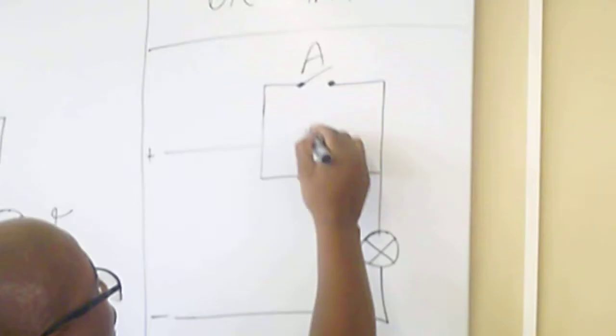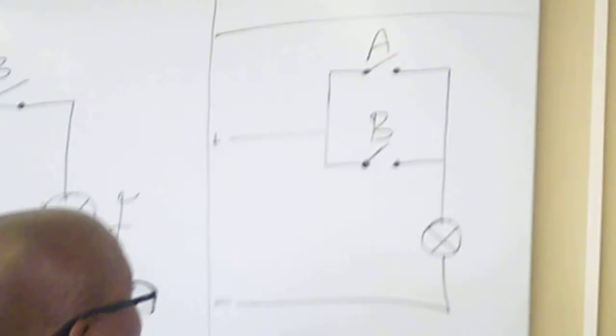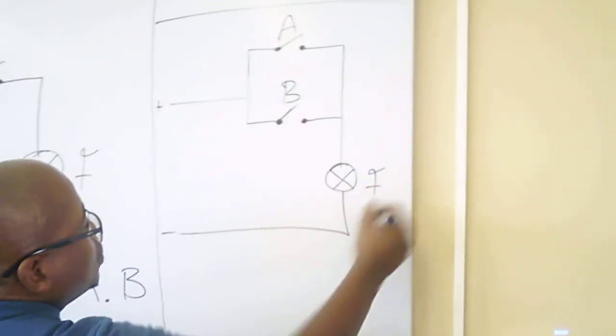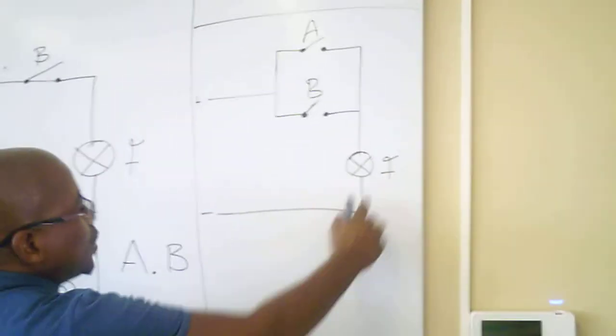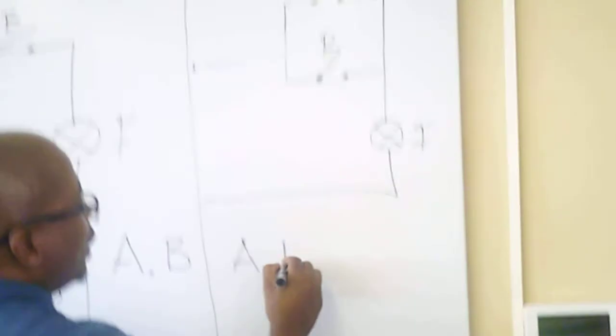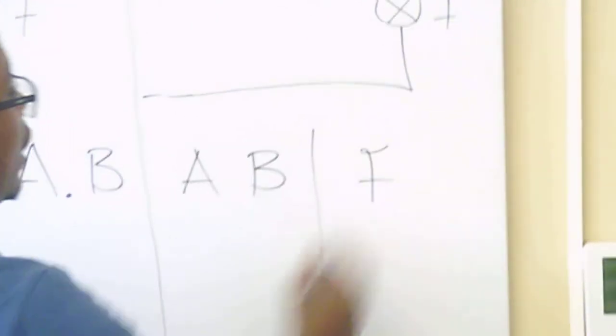Then we have A and B. These are our inputs and this is our output. This is where we want to get the results. So I have A and B as inputs, and then F as the final output.